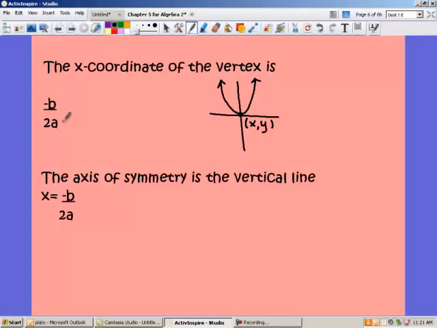And then if we have a function, we can plug that value back in to find the y. That's also going to figure out what the axis of symmetry is going to be. So remember this imaginary line that goes right through the center is x equals whatever that value is. In this case, it's 0, obviously. You can also figure that out from using negative b over 2a.